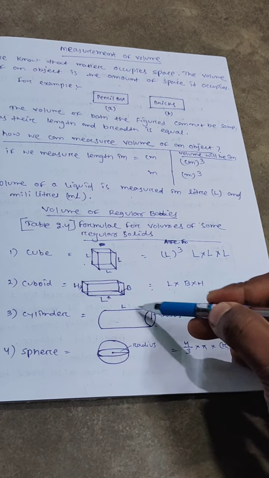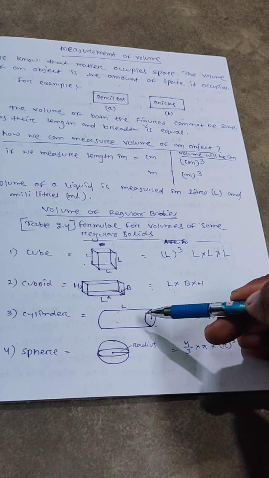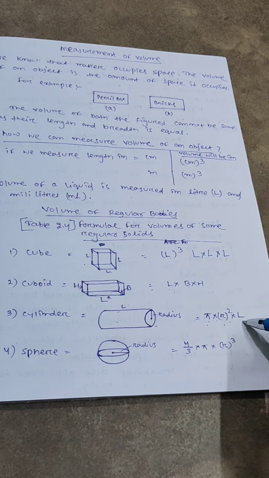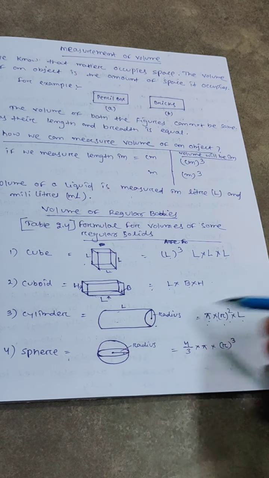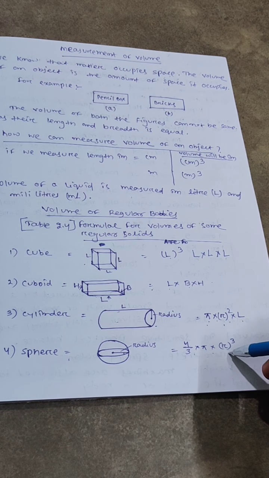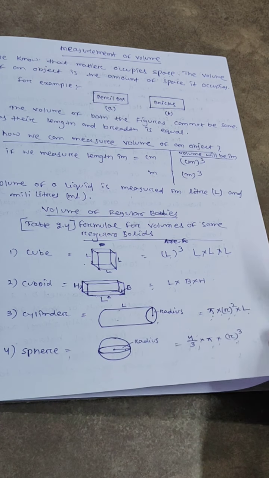Here the extra is the length, so the formula of a cylinder should be pi into r square into length. Likewise, the formula of a sphere, there is also a radius: 4/3 into pi into radius cube, or 4/3 pi r cube.